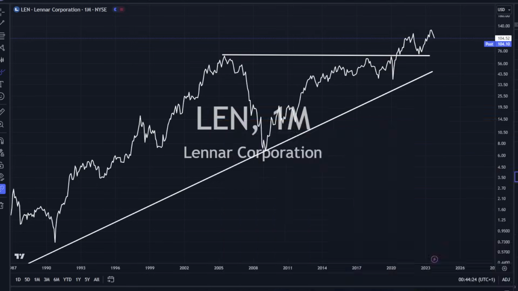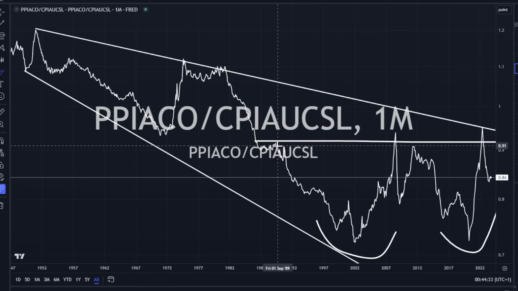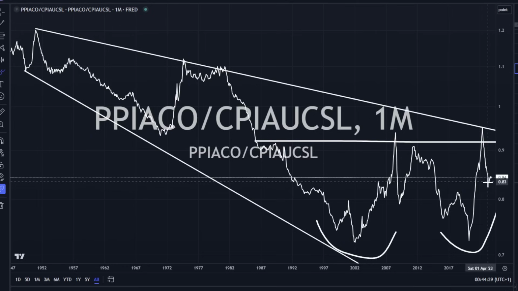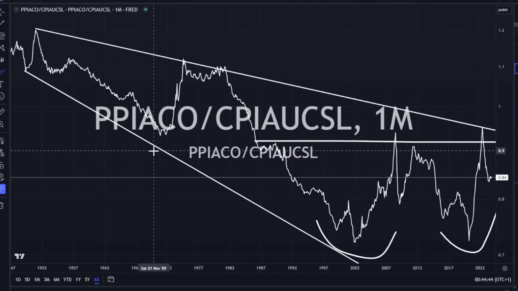Another thing we could look at is another ratio that's supporting evidence. This is the producer price index to consumer price index. This is throwing in a double bottom and a potential move up when inflation comes back.